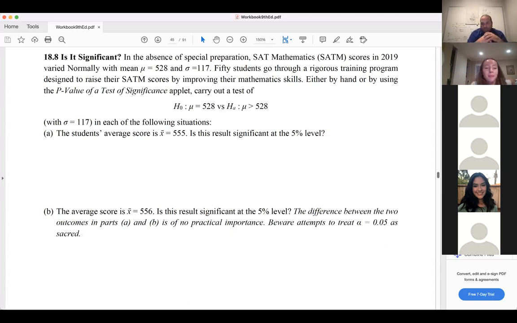Okay, never mind. I thought we were putting if it's significant or not. Well, significant is the same thing as reject, right? But the answer should be do not reject, because the p-value is not smaller than 5%. Right?